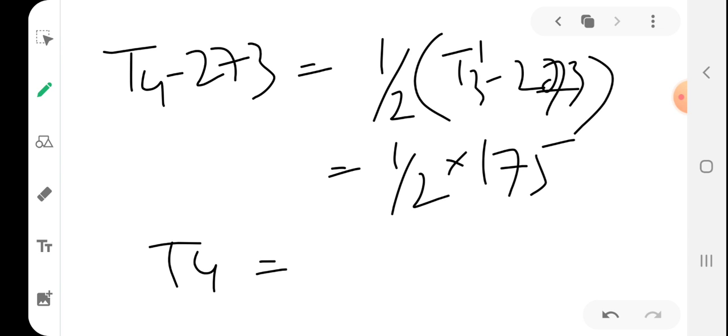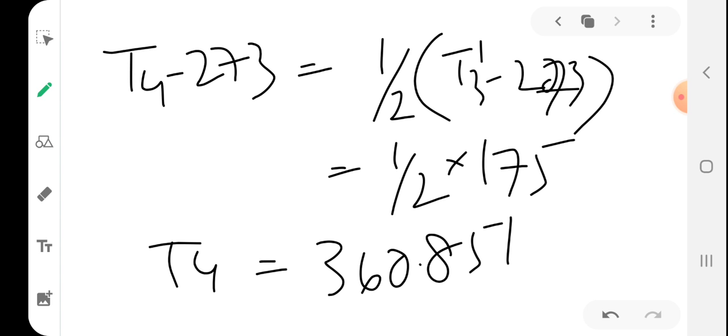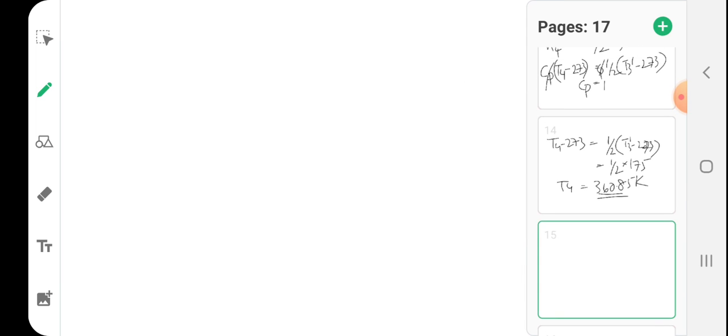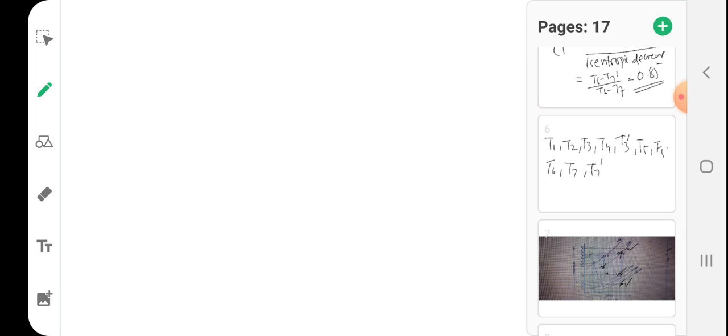So T4 equals 273 plus half of 175, which is around 360.85 Kelvin. So you got T4. Okay. Now from 4 to 5 again, what is happening?